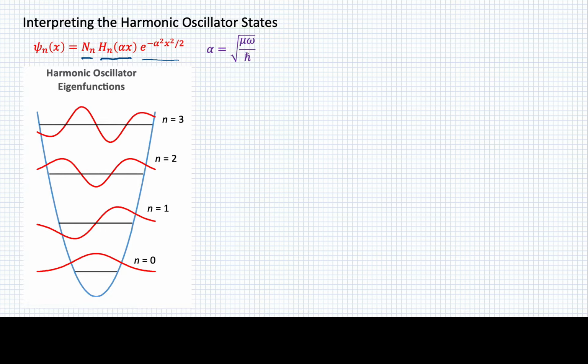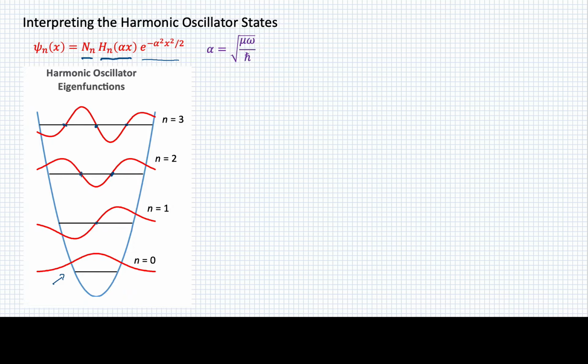So what can we learn about these wave functions? What do these tell us about quantum systems? Well, I think the first thing I would note is that as we go from the lowest energy state, which is down here at n equals 0, as we go higher in energy, we see an increasing number of nodes. I'm making spots on the nodes here.